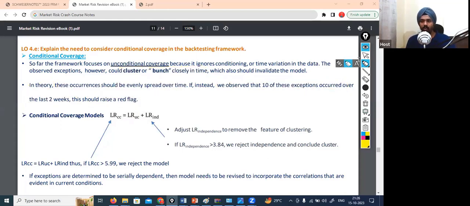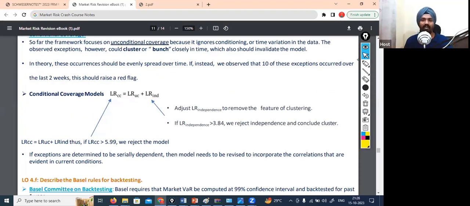So you refine your hypothesis testing using the unconditional coverage test statistic, plus you add the independence of the exceptions. We are adjusting the unconditional test by adding the log likelihood ratio for independence, to capture the clustering feature, so that we can understand whether the exceptions are clustered or not.